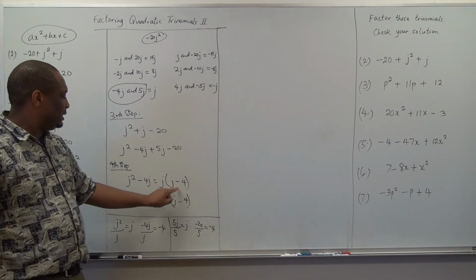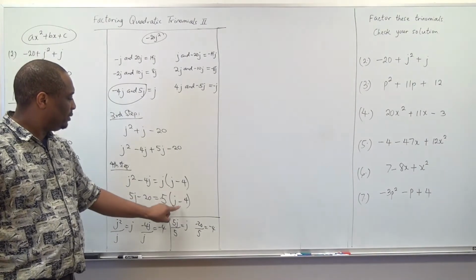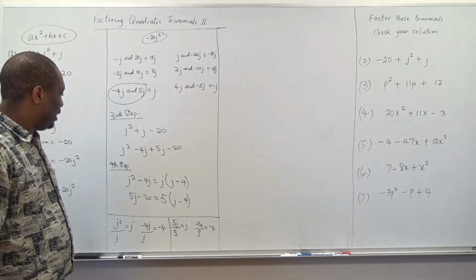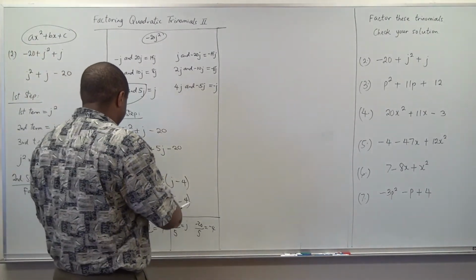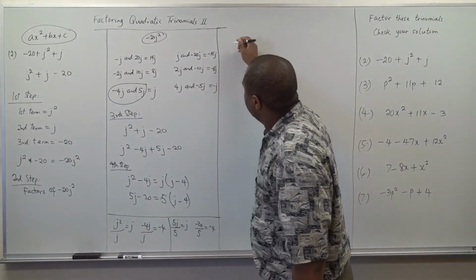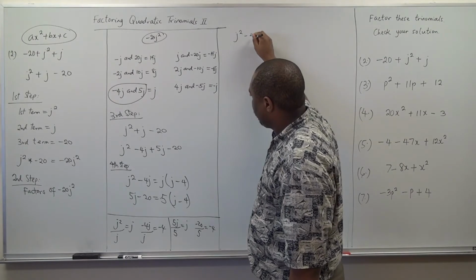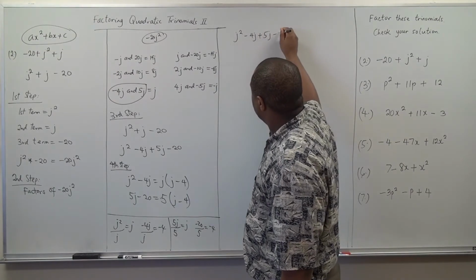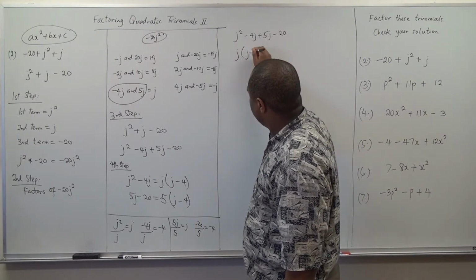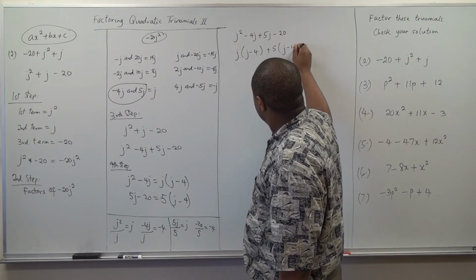All right. Once this is equal to this, that is when you can dance. You can now smile, and then we see that our j squared minus 4j plus 5j minus 20 will be equal to j into j minus 4 plus 5 into j minus 4.